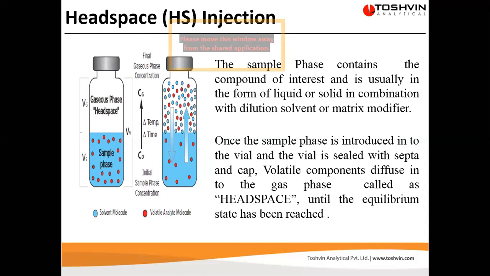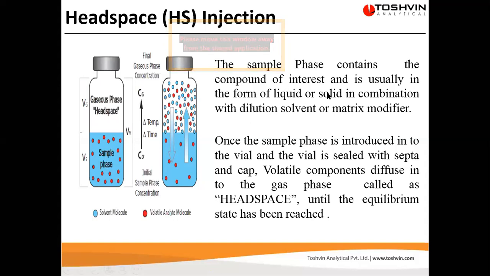The advantage of headspace injection is that you can take liquid directly, there is no issue in that. But solid samples also you can take directly into the vial. You don't have to give any treatment and convert it into liquid for analysis. So you can do direct solid analysis also using headspace injection.